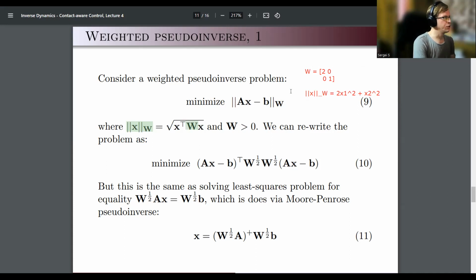So this is how you can use it. You can say, okay, we care about the first component twice as much as the second component. And of course, it can be any positive definite matrix. This is what I mean by W bigger than 0. I don't mean it is positive element-wise, I mean it is positive definite. Positive definite means that quadratic forms are always positive, or zero only at zero.